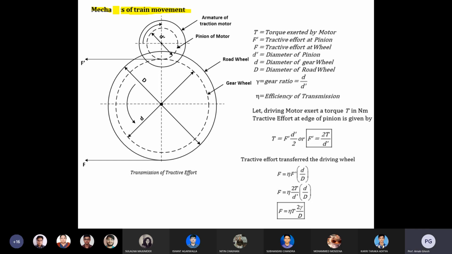But there is a huge inertia, whether for a passenger system or goods carriers. You have to overcome that inertia, and that process is normally known as the tractive effort.